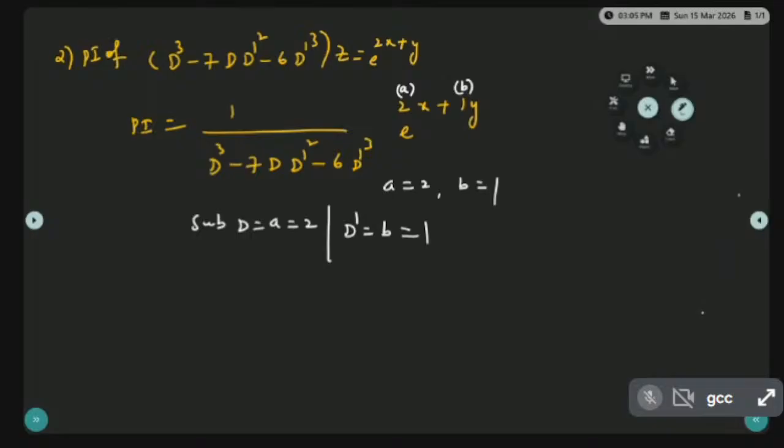Stop talking. Boys, in the exponential function, what is the substitution? Substitute d equal to the a value, d dash equal to the b value.